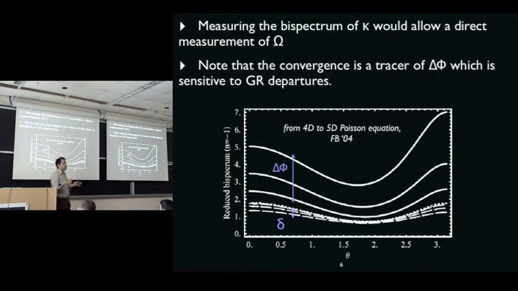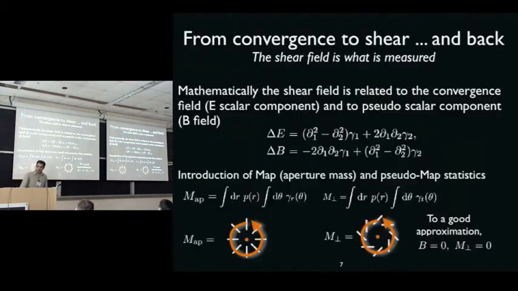If you change the Poisson equation, then you change the statistical properties of your field. And this function F2, which for the density field was weakly dependent on departure from GR, the one that you compute for the Laplacian of phi does depend on departure from GR. So these are good reasons to try to measure the three-point function of the convergence field.